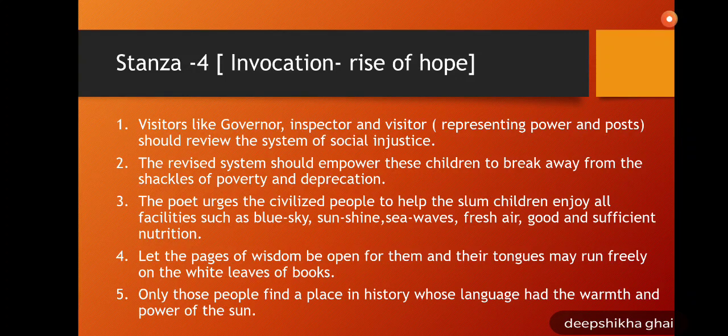And it is only possible if the people who are powerful, who are sitting on posts, give them a way out from their slum life. The poet invokes these children by saying that let the pages of wisdom be open for them, and their tongues may run freely on the white leaves of books.